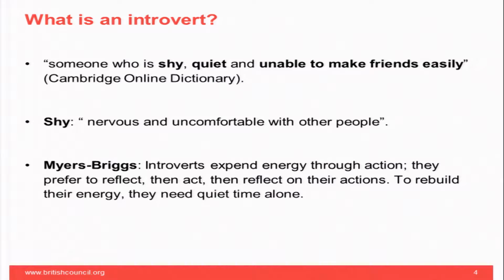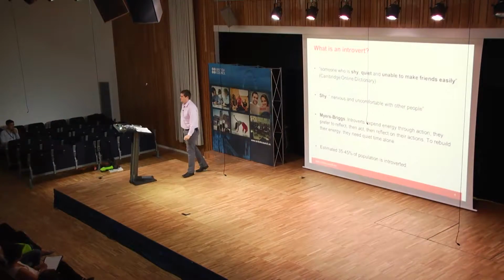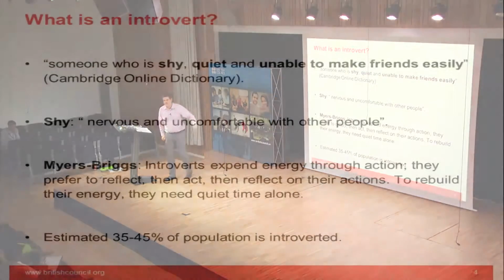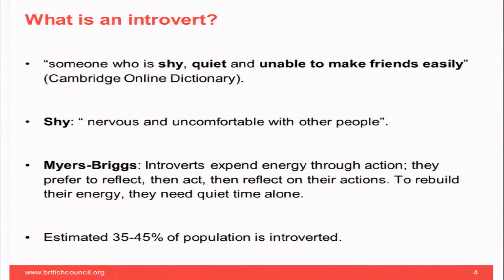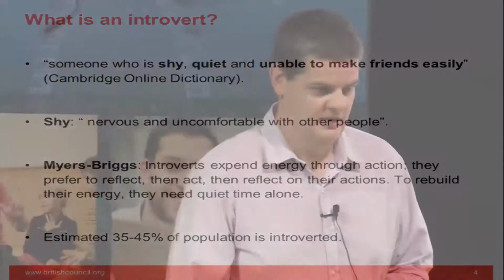To rebuild their energy, they need quiet time alone. I can relate to that. I want to go home and be on my own. They also estimate that 35% to 45% of the population is introverted, but the actual phrasing was "has introverted tendencies," meaning that they may not be fully introverted, but they may have some part of their personality which leans towards that.